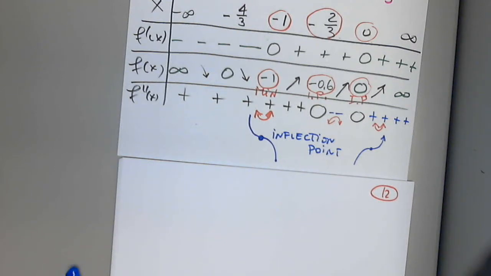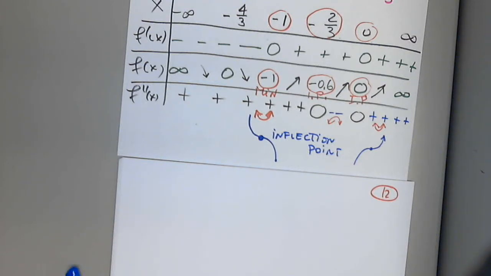Right, but -0.6 is also an inflection point. So increasing, this is an inflection point, and this is an inflection point. There is an inflection point when the function is increasing, and there is an inflection point when the function is decreasing.